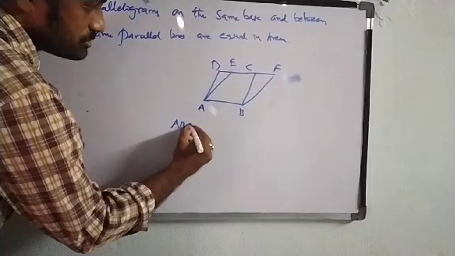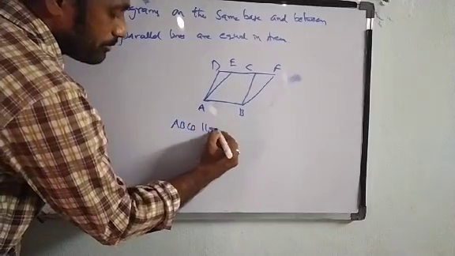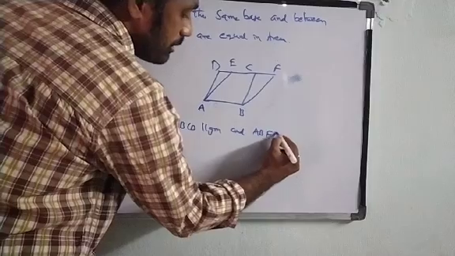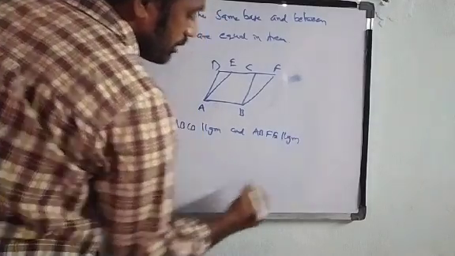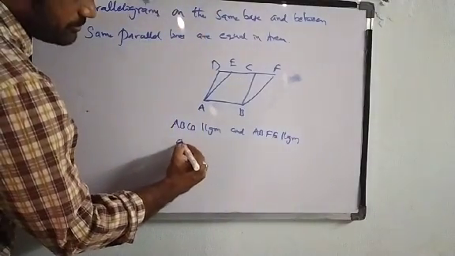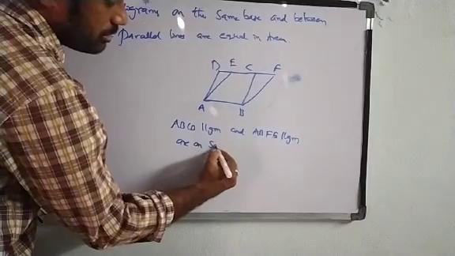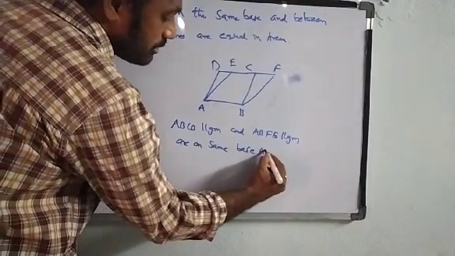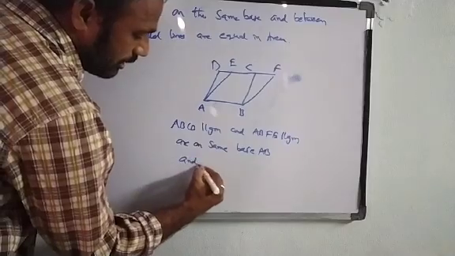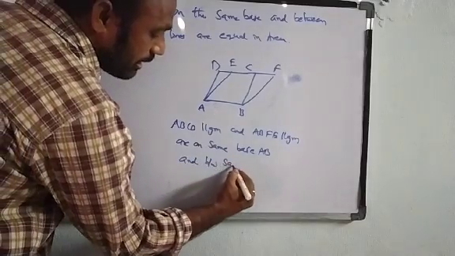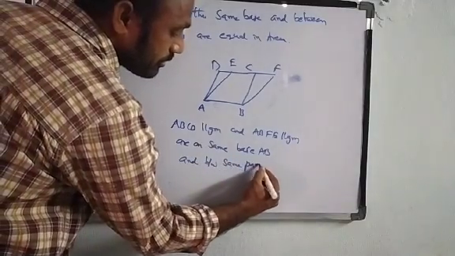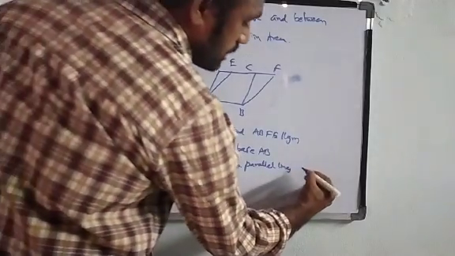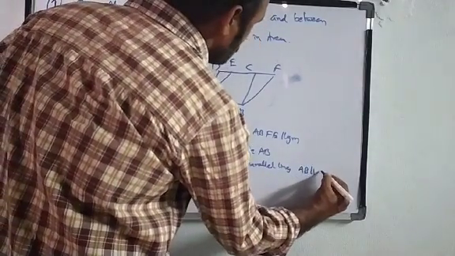So here if you observe, ABCD parallelogram and ABFE parallelogram have the same base AB and are between the same parallel lines, AB parallel to DF.